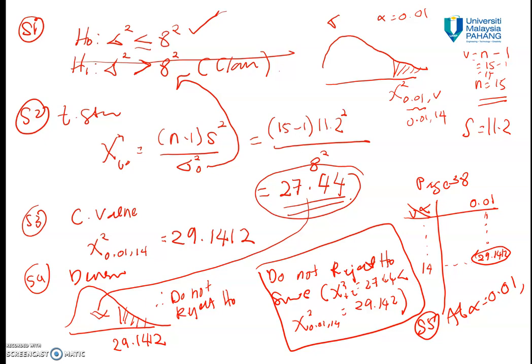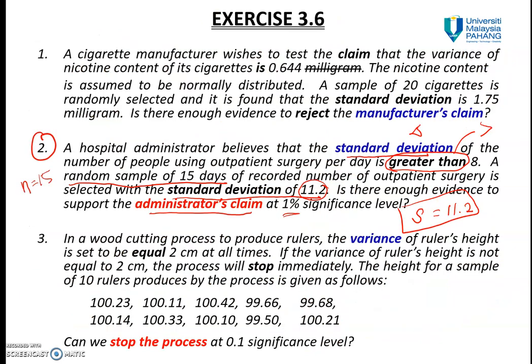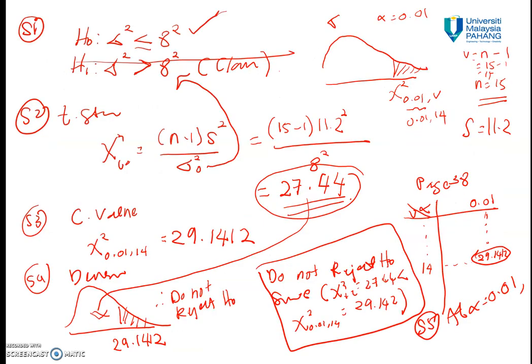We do not have enough evidence to support the administrator's claim at alpha 0.01. Again, for step number 5, if you understand step number 1, you can write in your own words here. Make sure you write down your alpha 0.01.